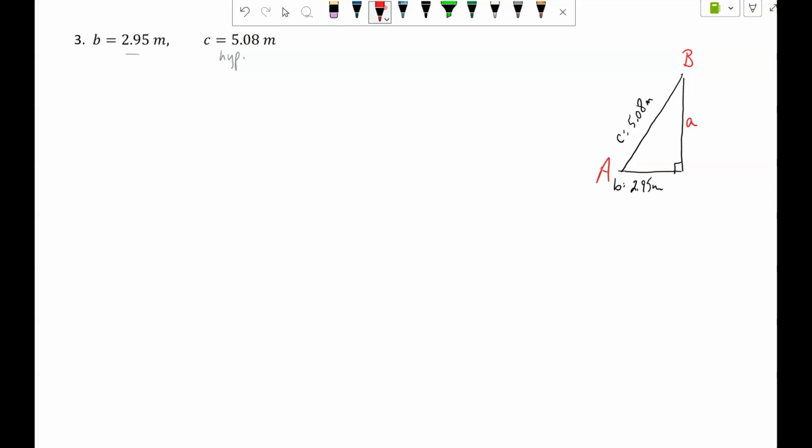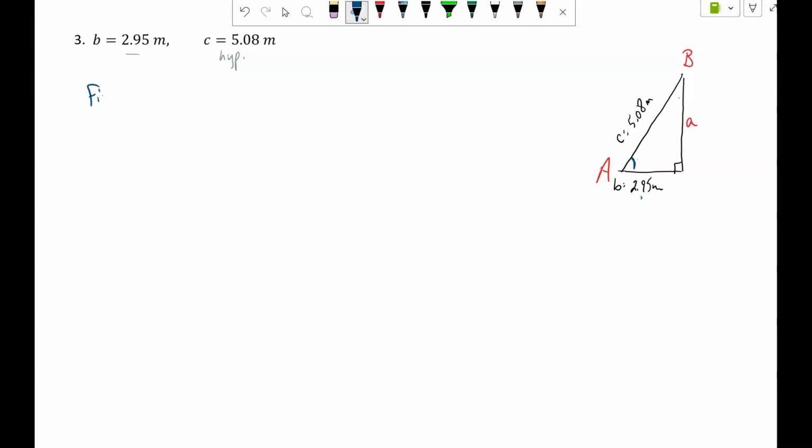All right, so we're going to have to use trig to find these two angles. So let's see. Let's do not sine this time. Let's find angle A, since we know its adjacent side and the hypotenuse.